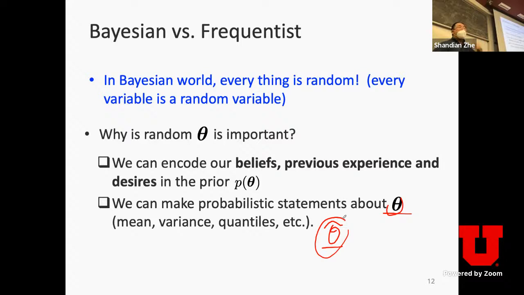Some experiments you can only do once or twice. And in that case, you still want to infer, after doing that kind of experiment, what is my belief about the quantity of interest. Of course, in that case, the Bayesian formulation is more attractive.